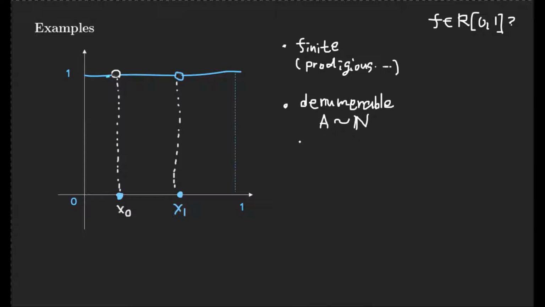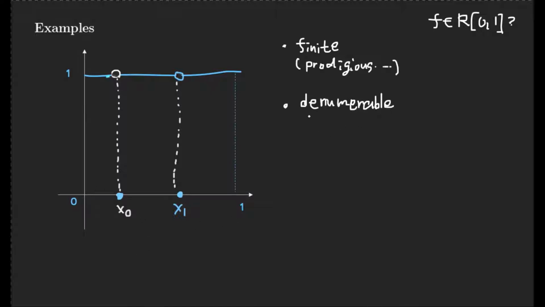So, for example, the set of rational numbers Q is a denumerable set, because we can count each member of the rational numbers. This means we number each rational number. Of course, N itself is naturally a denumerable set.